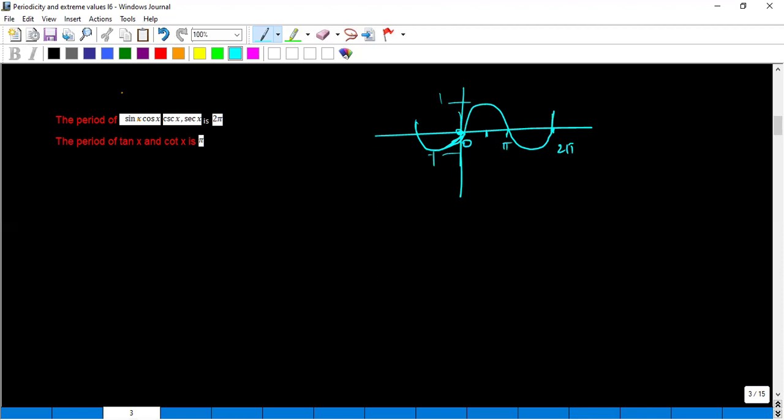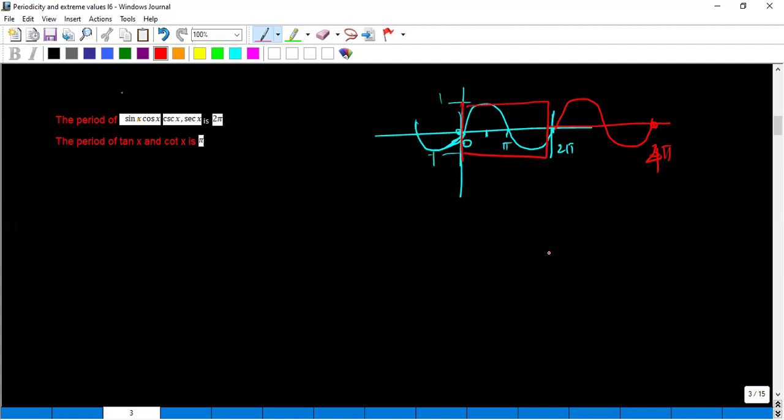What is the least period that is repeating? Again, just see this particular thing. That cycle will come again here. It will end at 4 pi. That's why this particular range we will normally call the period that is repeating. This is called sine wave.